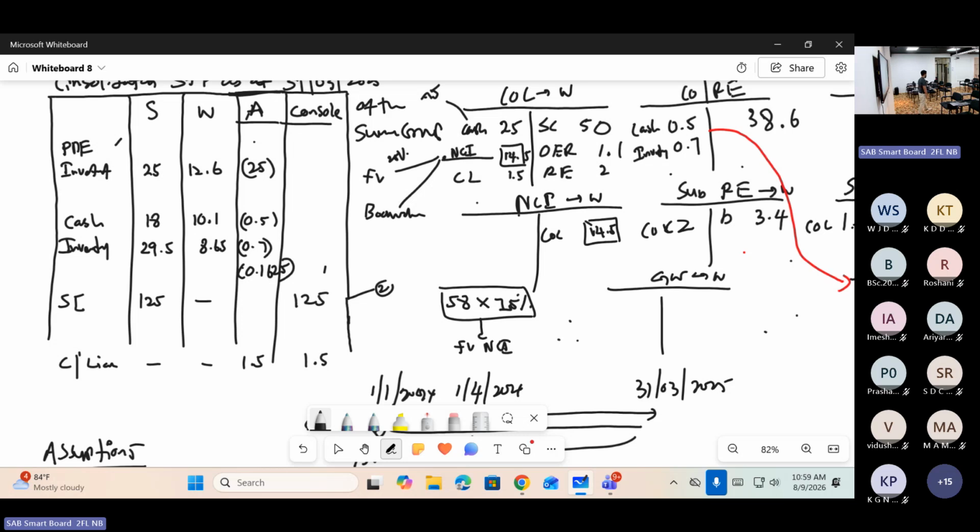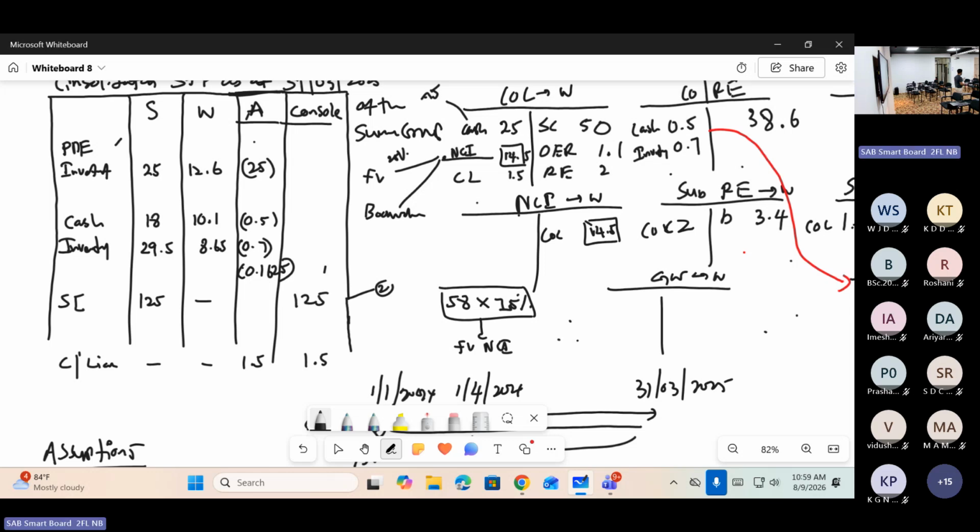What is that? That is not a consolidated adjustment, right? You need to put a double entry. How are you going to put it? The parent entity has not made a debtor provision. Trade receivables, right? Go to trade receivables.